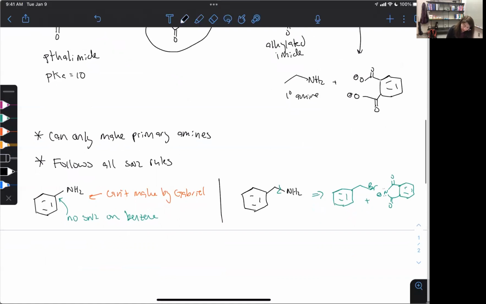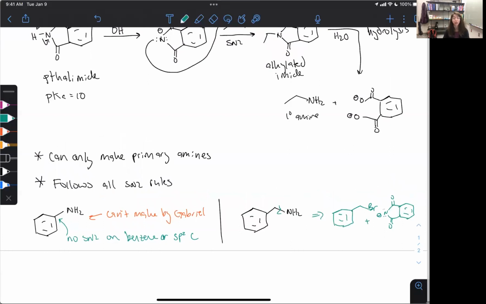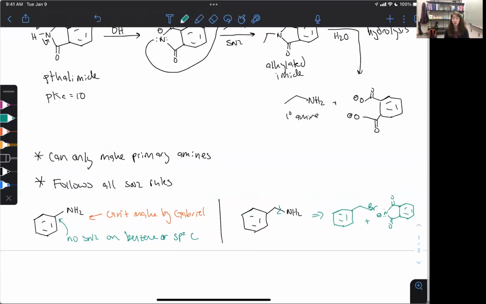Whereas this other one, we would not be able to do an SN2 on an sp2 carbon. Okay, so make sure that we're following those same rules that we abide by for SN2 reactions, and we'll be all good. Alrighty, so hopefully this was helpful, and let me know if you have any questions, and we will keep talking about amines for a little bit.